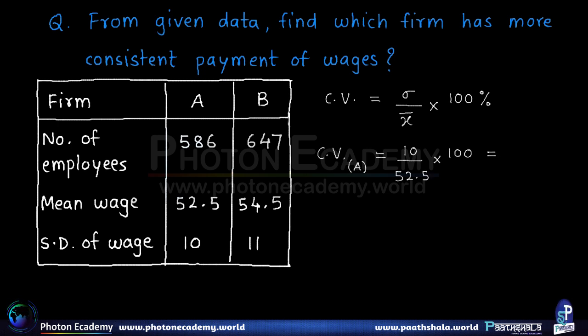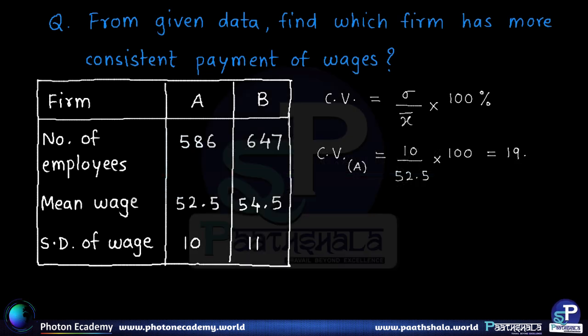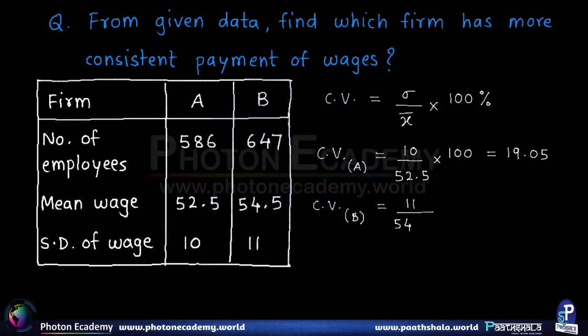So if we calculate that, it comes to 19.05. Whereas if we calculate coefficient of variation for firm B, then it turns out to be 11 upon 54.5 into 100, which in turn is approximately equal to 20.18.